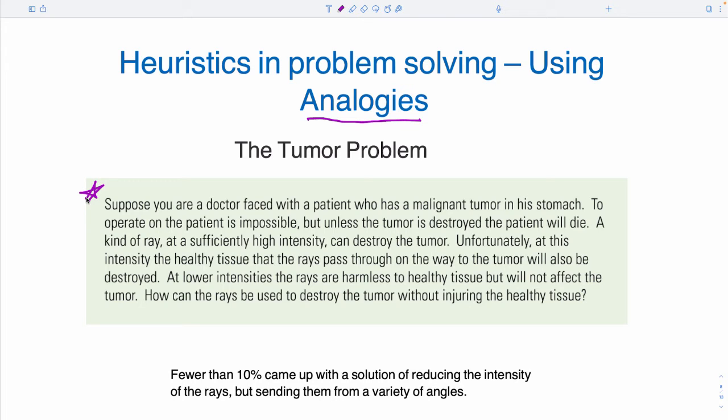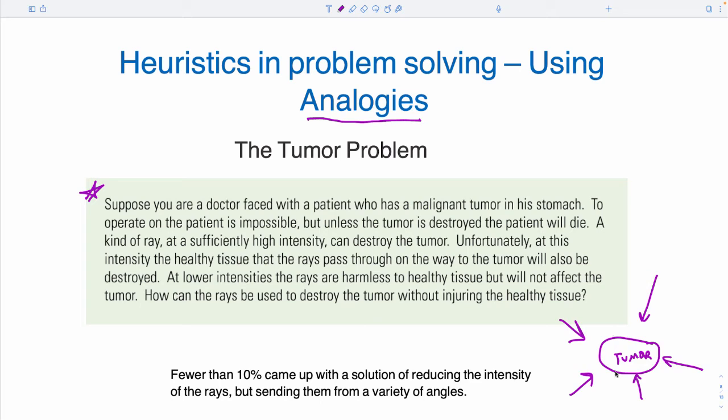Fewer than 10% came up with a solution of reducing the intensity of the rays, but sending them from a variety of angles. So let's say this is your tumor. Then instead of having a single giant powerful ray to destroy the tumor, but then also damage healthy tissue on the way, you have small doses applied from various areas.